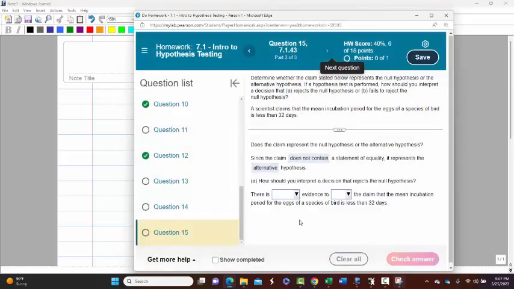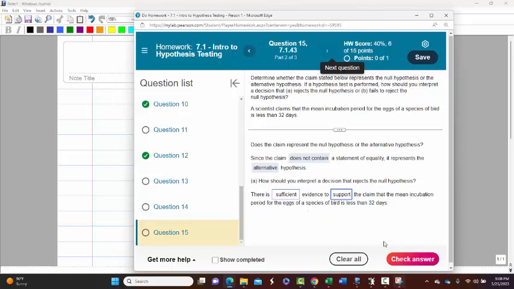How should you interpret the decision that rejects a null hypothesis? So we're saying we reject. We support the claim of less than 32 days. So we say there is sufficient evidence to, because the claim is the alternative, we support it because we're rejecting the null, meaning the claim is the alternative, so we support the alternative.